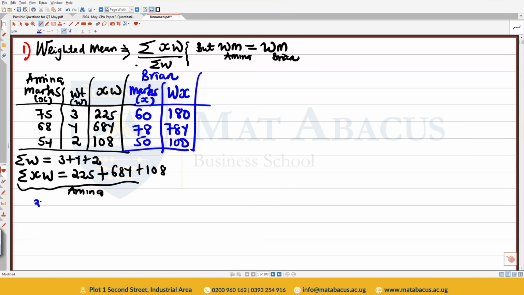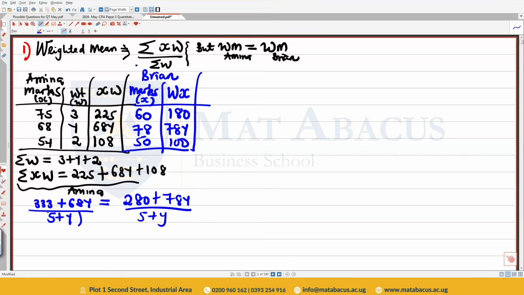So for Amina you have 333 plus 68y divided by the summation of the weights, 5 plus y. For Brian, it will be 180 plus 100, that is 280. So that is 280 plus 78y divided by, again, 5 plus y.